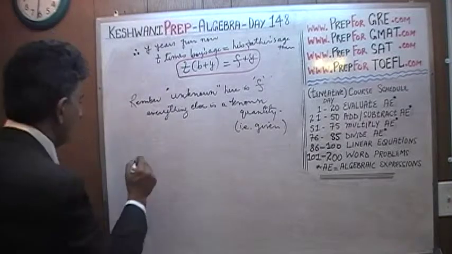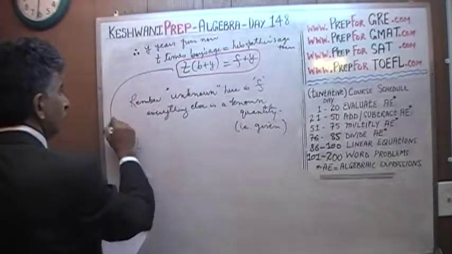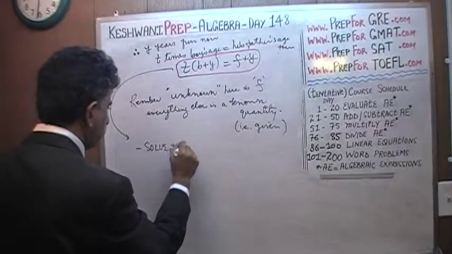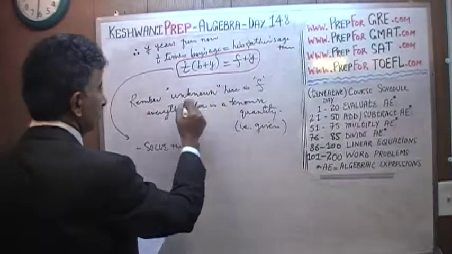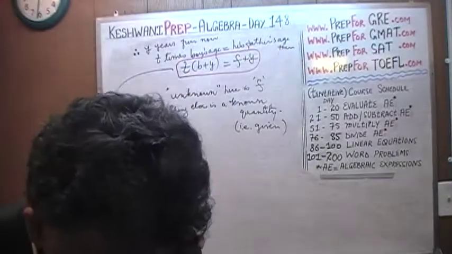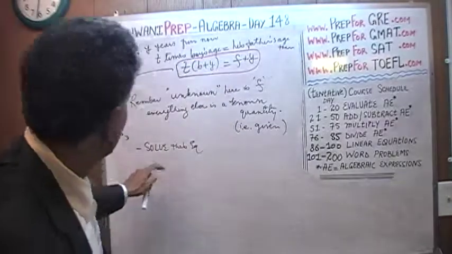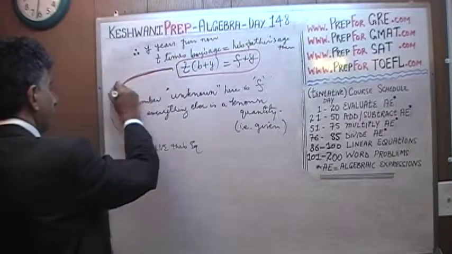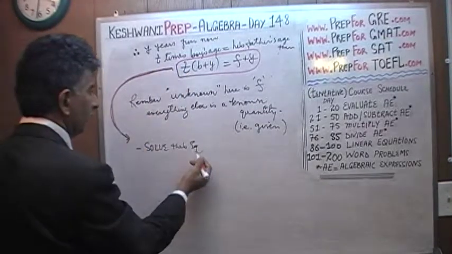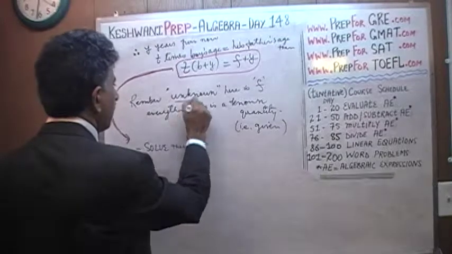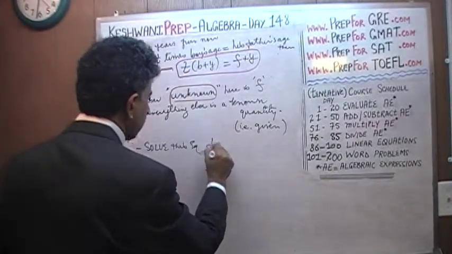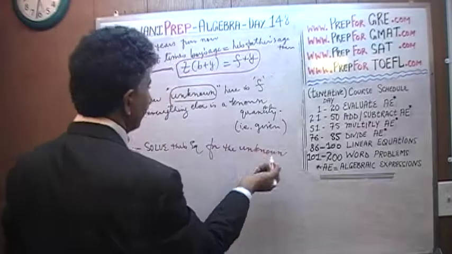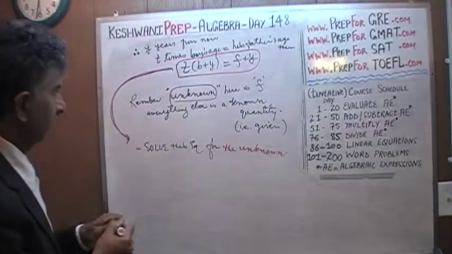So now all we have to do is solve this equation for the unknown, which is F. So let's do it then.